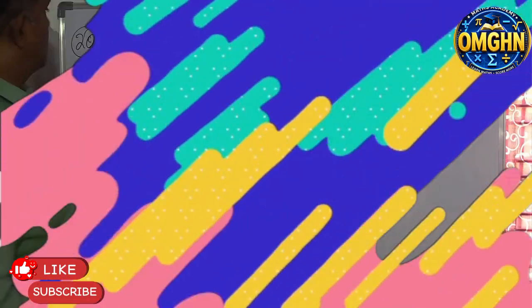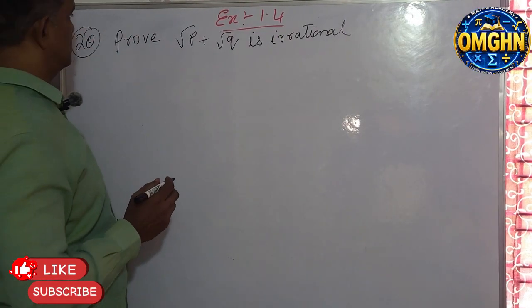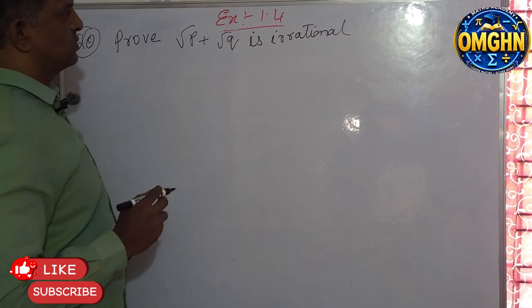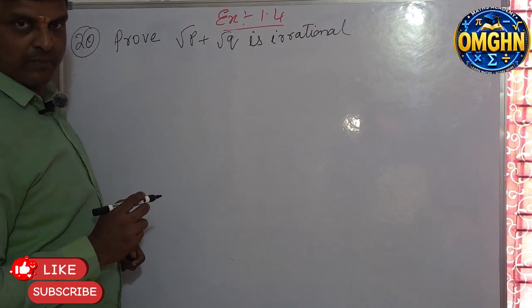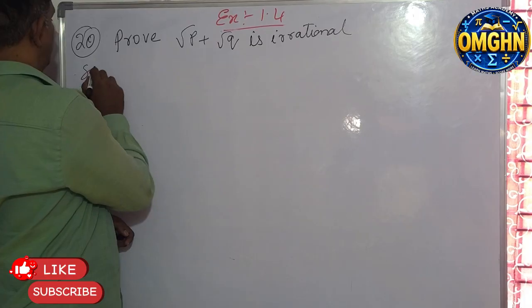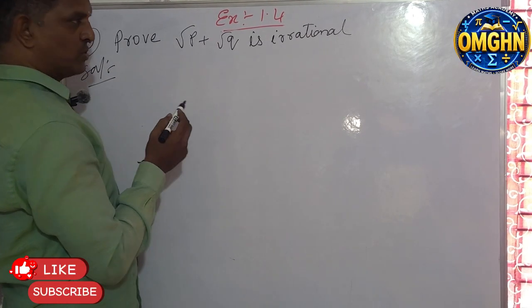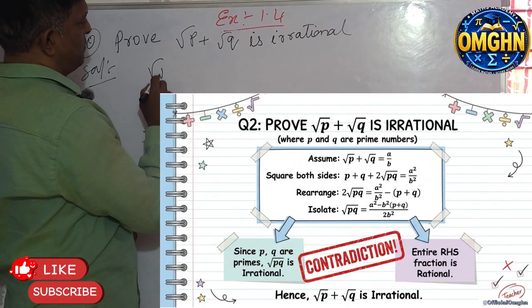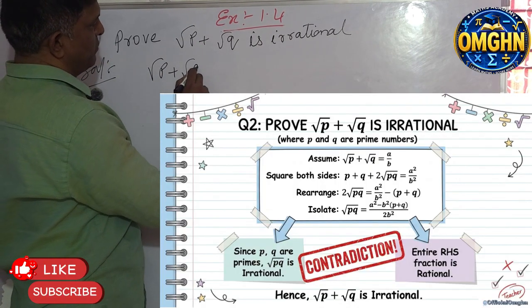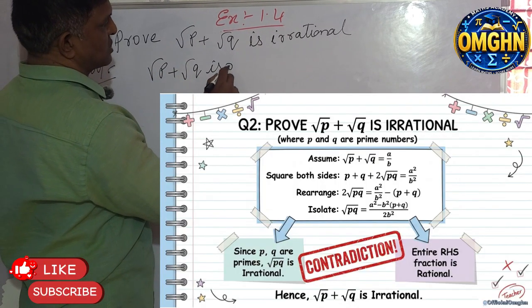Okay. Now the second question and last question. Prove root p plus root q is an irrational number. For this also we assume the opposite of it. That is, root p plus root q is a rational number.